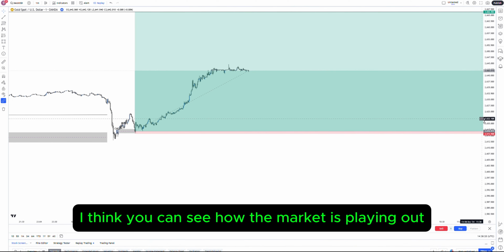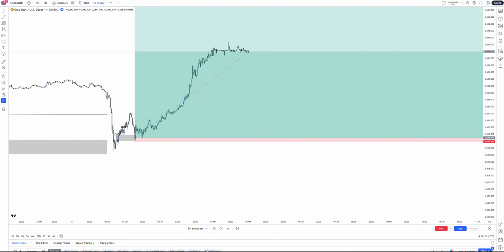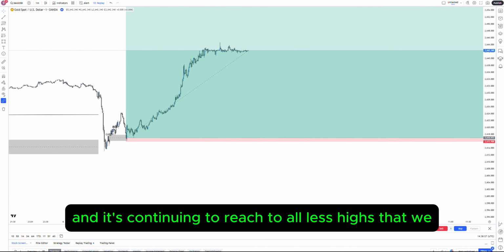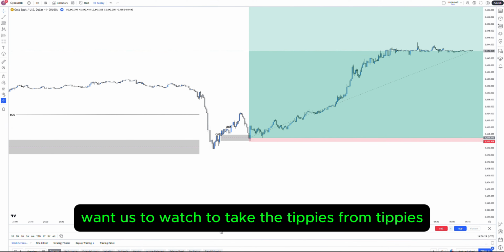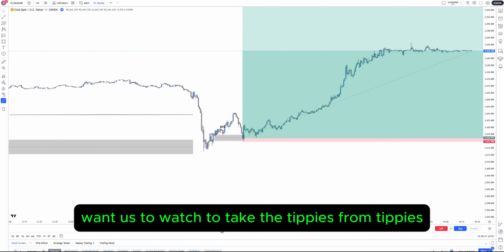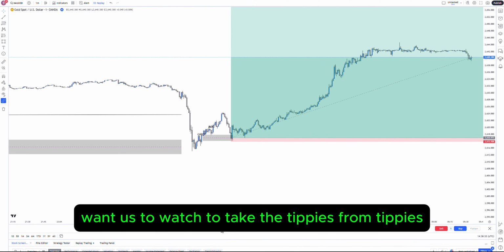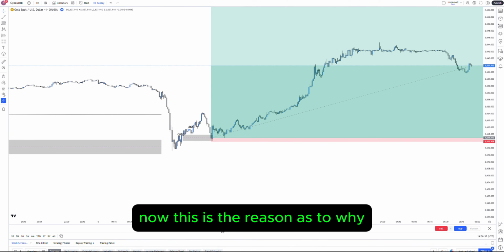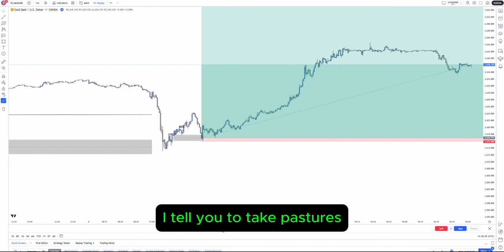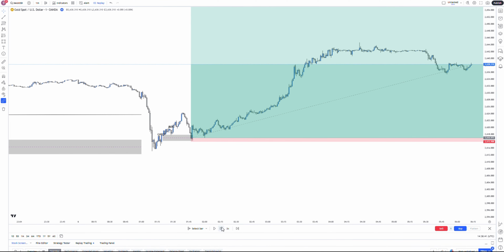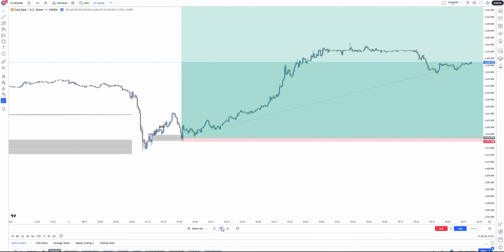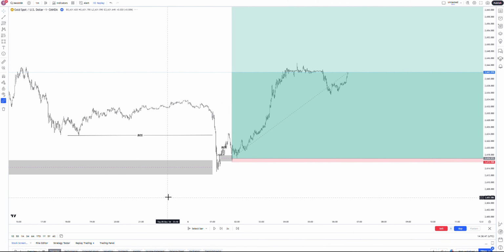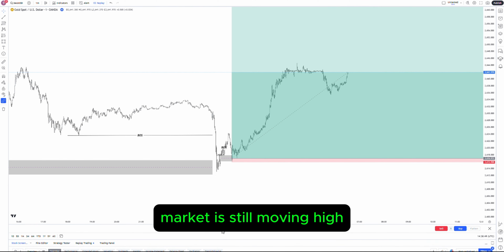I think you can see how the market is playing out, and it's continuing to reach our last highs that we want to take the TPs from. TPs are take profits. Now this is the reason why I tell you to take partials and also set BE. The market is still moving high.